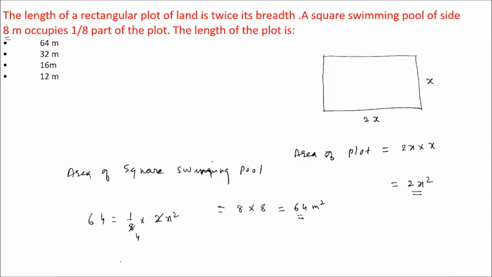So x square is equal to 64 into 2 into... so x is equal to square root of 64 is 8, square root of 4 is 2, so this is equal to 16. So what is the length of the plot? 16 is breadth, so length will be 32.